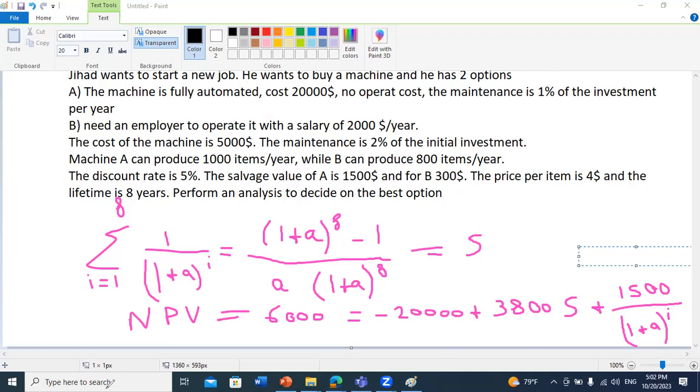But a is never 0, because when you decide whether to go through this project, you know that if you put your money in any other project or even in the bank, you will get a certain interest. So a equal to 0 will never happen.